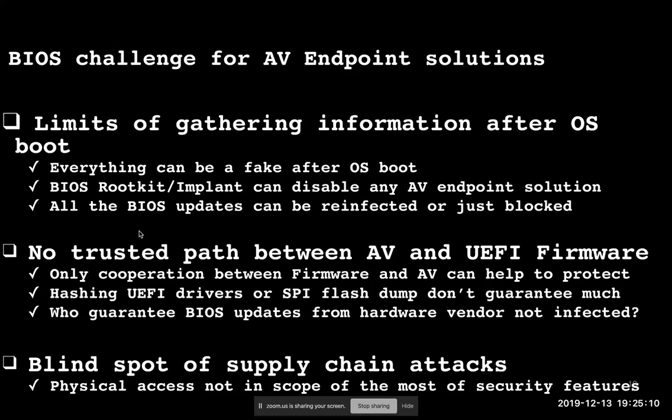All BIOS updates can be reinfected during the installation process. BIOS updates are actually tricky, and we will talk about this later, because what usually happens is you download your update by an agent on the operating system, or you already have the update and try to install it on your machine with the vendor tool.